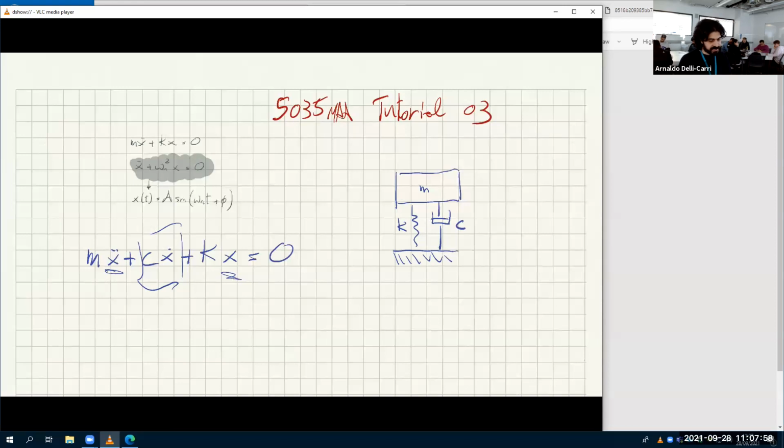Why? Because these kinds of dashpots, these damping elements, the way they are built, make them dependent on the velocity of the mass that is above.